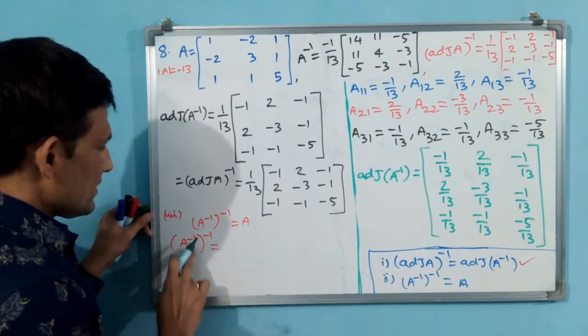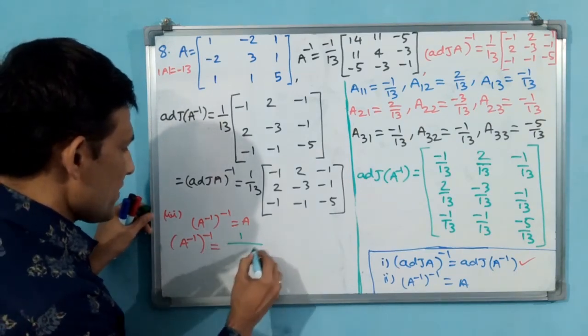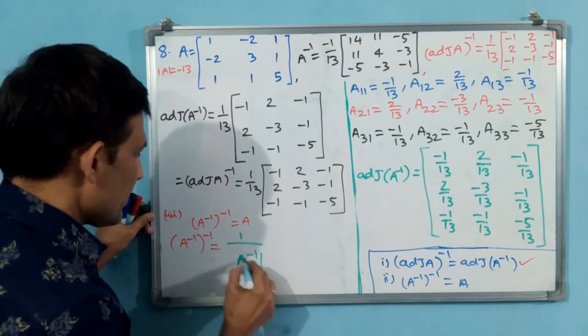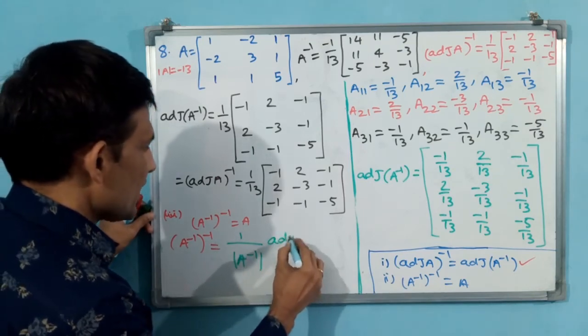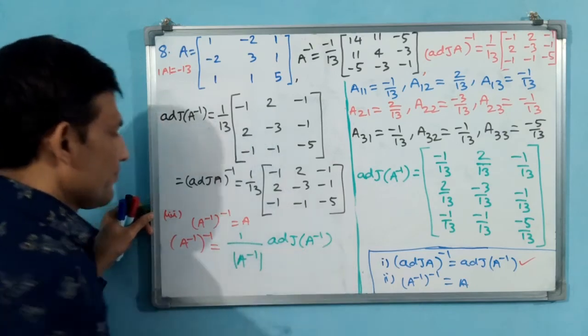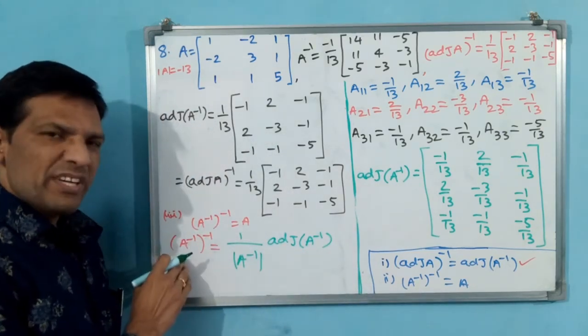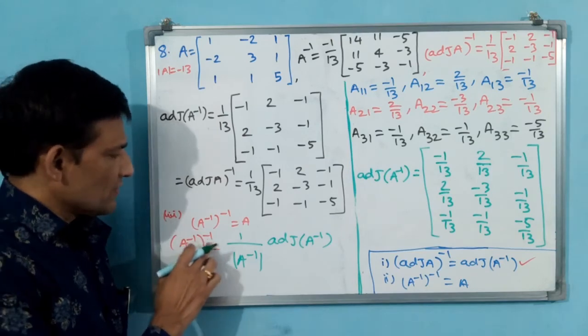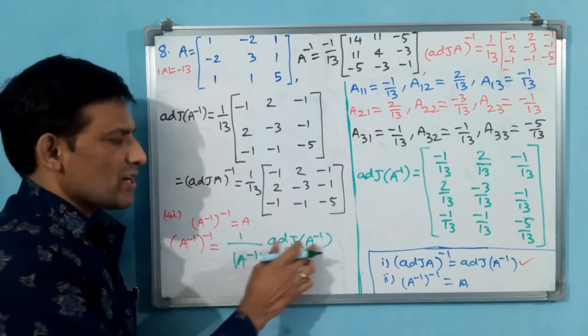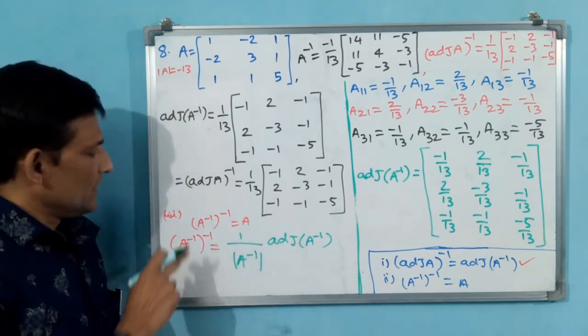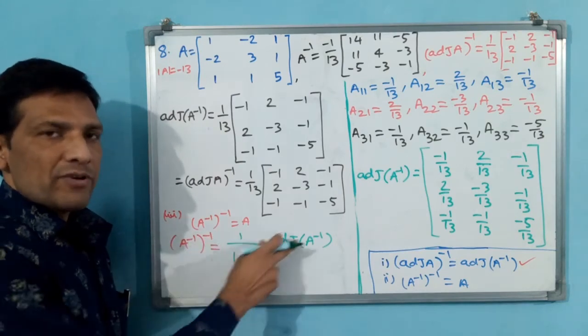You consider this as A. A inverse is equal to 1 by determinant A into adjoint A. Think of A inverse as C: C inverse is equal to 1 by determinant C into adjoint C. This we know very well.